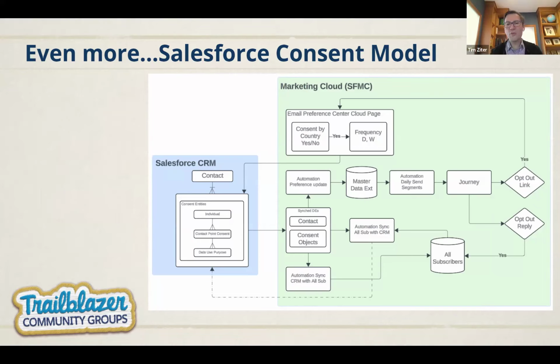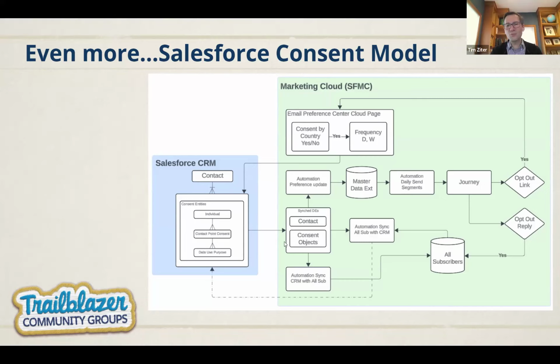Some might know there is a consent model in Salesforce. It aligns with Data Cloud and with other products like Privacy Center, and there are different records, like an individual record and contact point consent, that will drive a little bit more complex use case than that email delivery status.